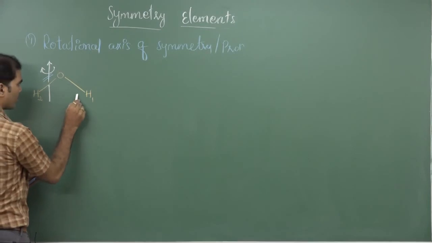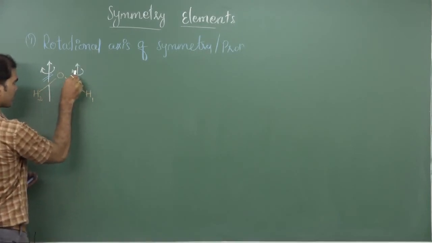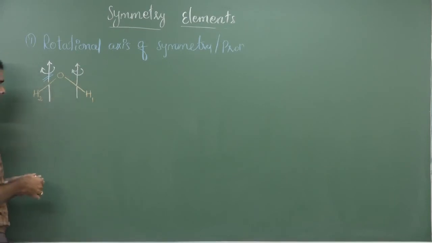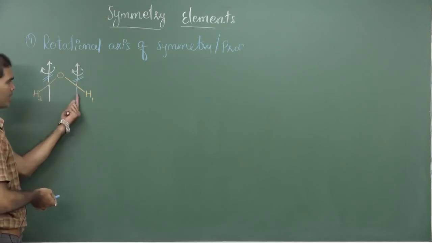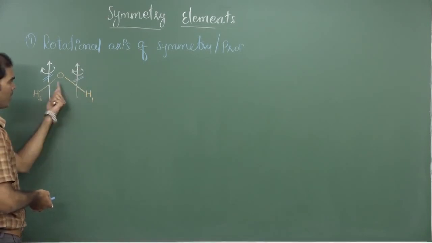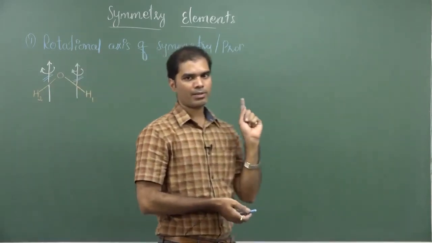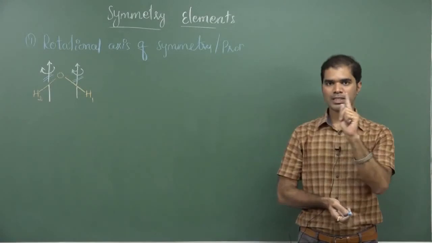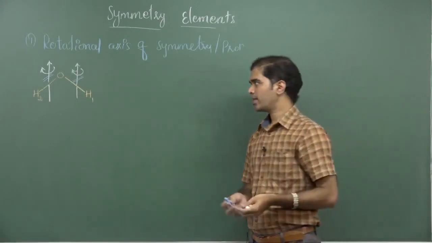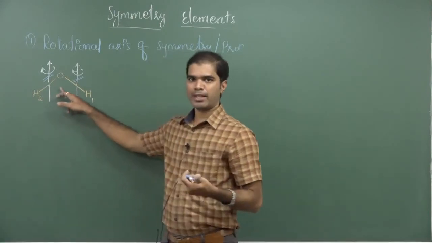Or can I rotate it from here? Again it is invalid, because if you take a rotational axis along the bond, you will not get any equivalent configuration. You may get an identical configuration, because whatever molecule you choose, if you rotate by 360 degrees you are bound to get an identical configuration.